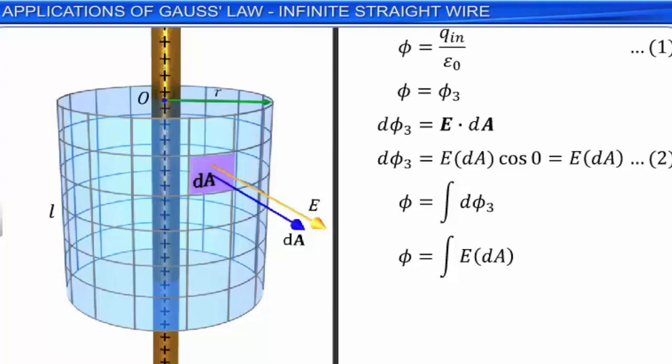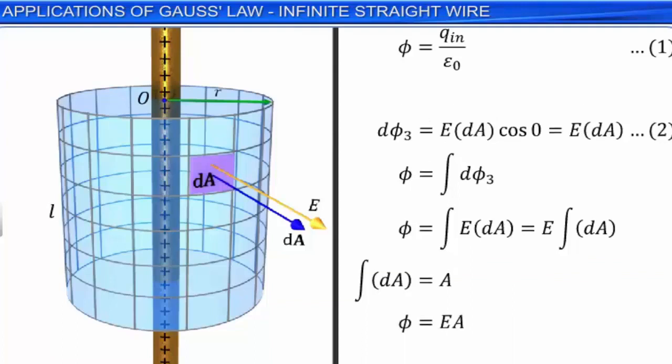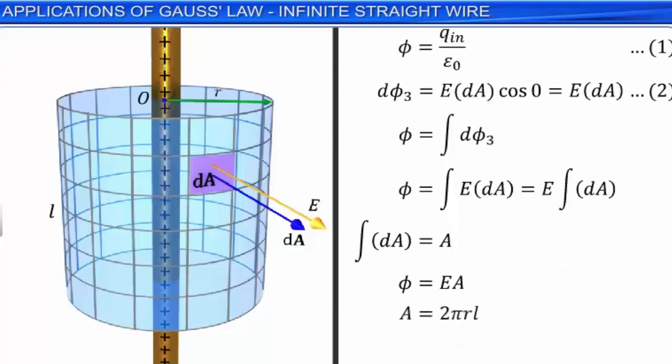We know that integral dA is equal to A, which is the area of the Gaussian surface considered. Therefore, phi is equal to EA. The area A is equal to 2 pi RL, which is the curved surface area of the cylinder of length L and radius R. Substituting the value of A in the expression for total flux phi, we get phi equal to E into 2 pi RL. Let this be equation 3.